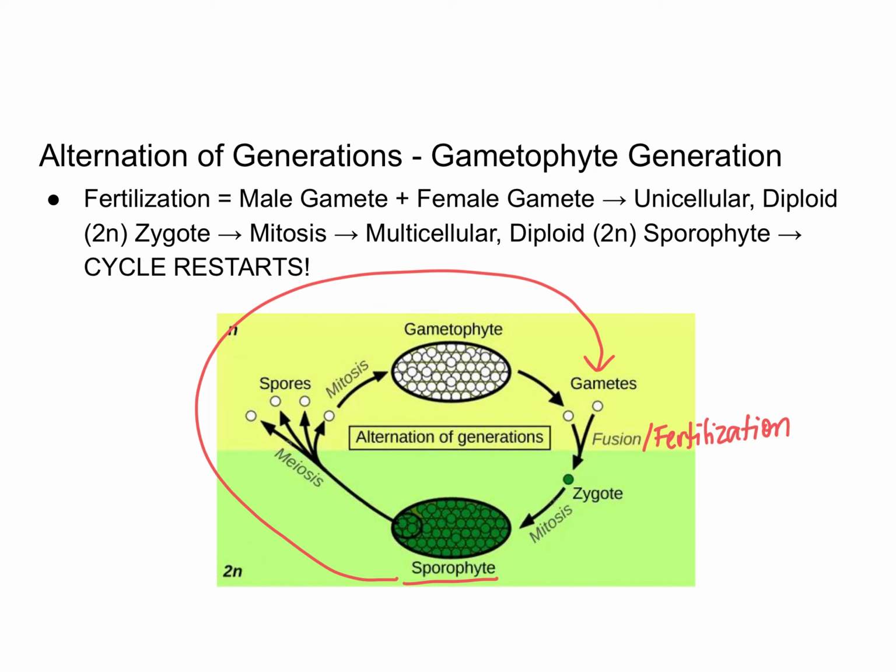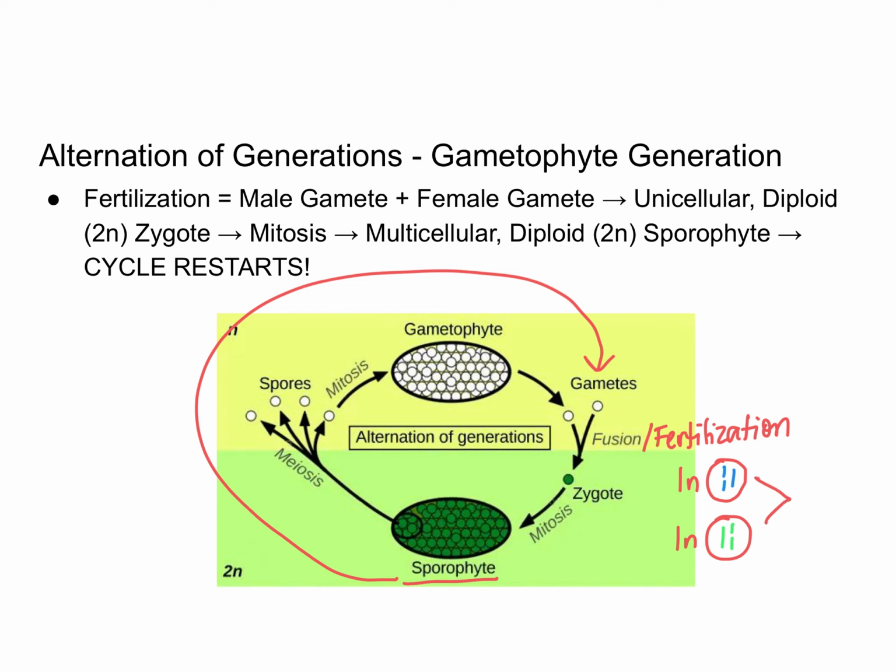And this is where a female gamete and a male gamete are going to come together. So we have these 1N gametes. So remember they are 1N or haploid. And they each have their own kind of single set of chromosomes.